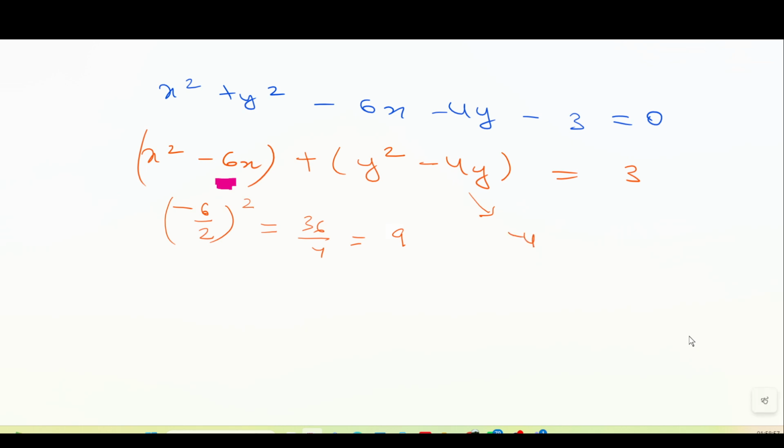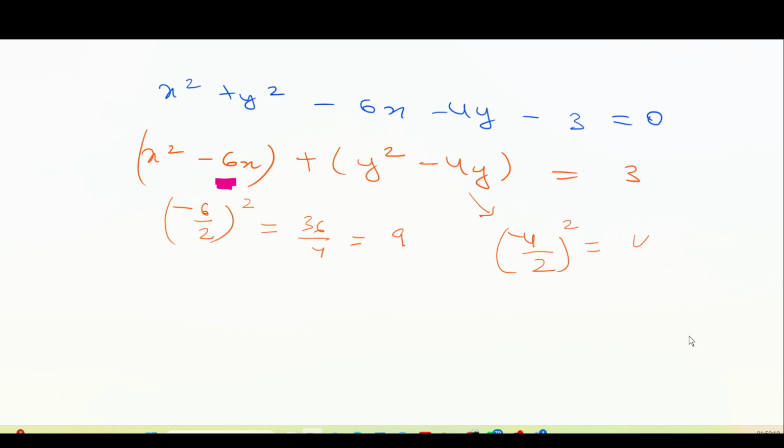Yes. So what we need to do here? We need to take minus 4 over 2, then whole square, and then we get that.